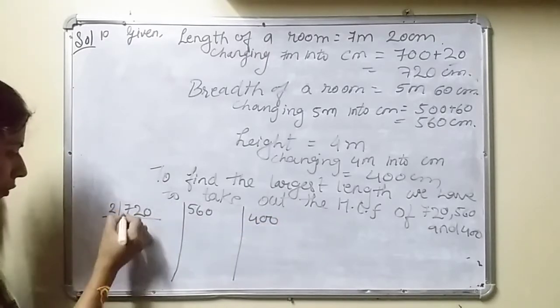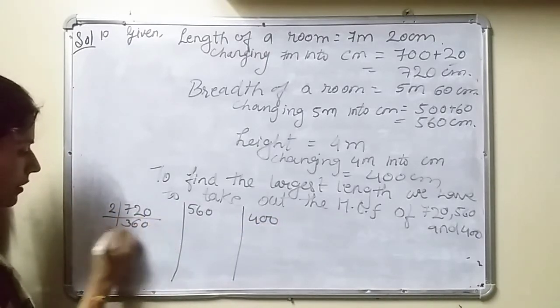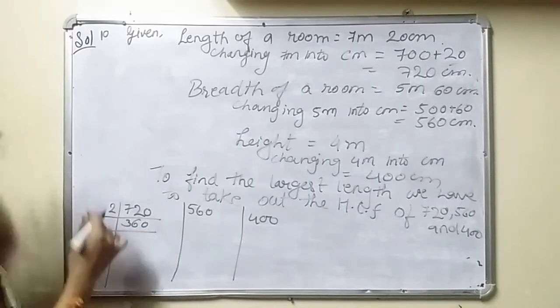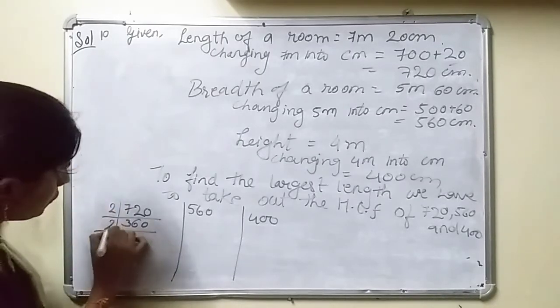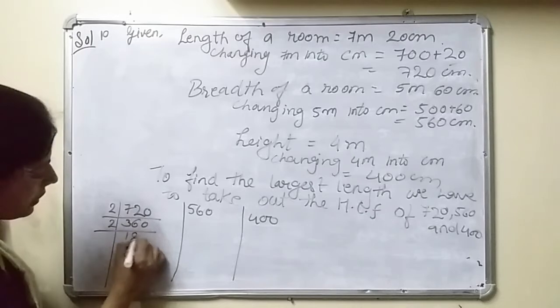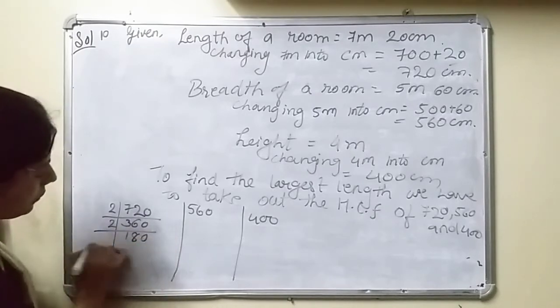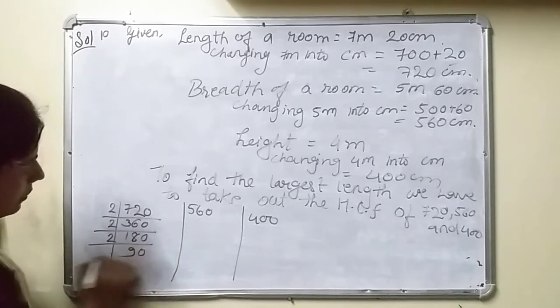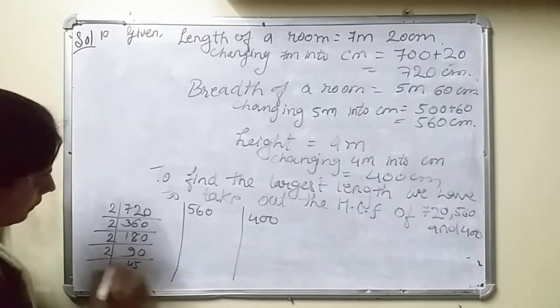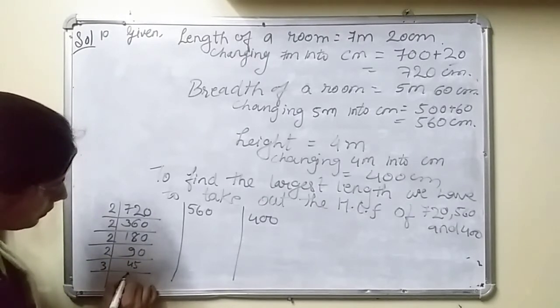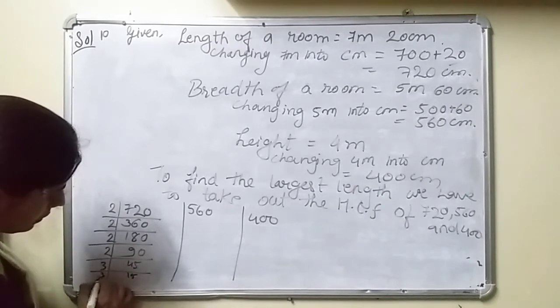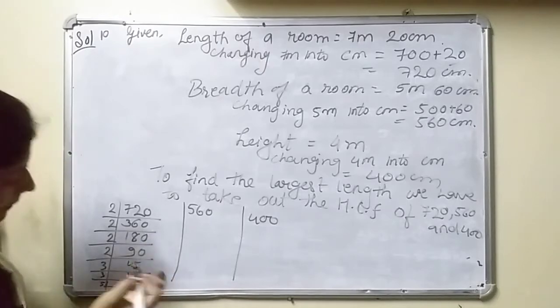So by 2, 2 3s are 6, 2 6s are 12, 0. Then 2 1s are 2, remainder 1, 2 8s are 16, 0, 2 9s are 18, 0, 45. 3 5s are 15, 5, 1.